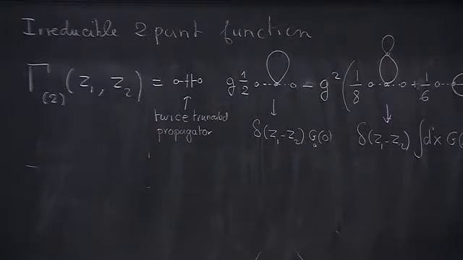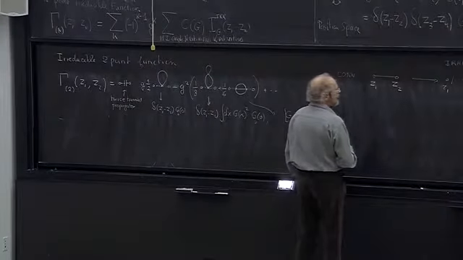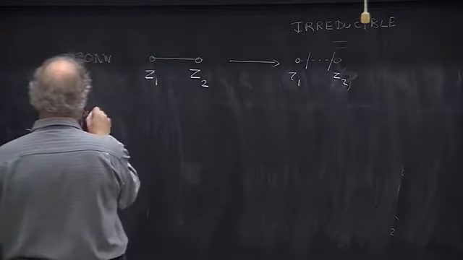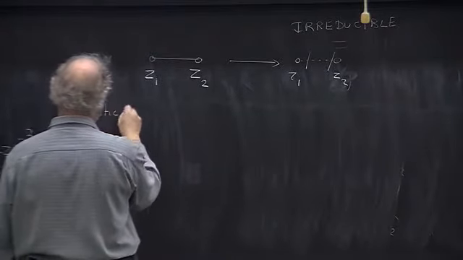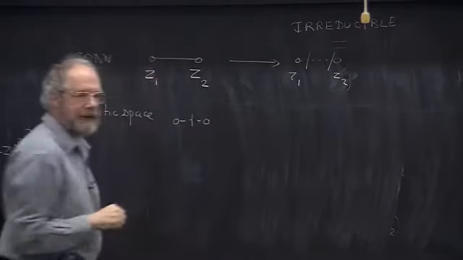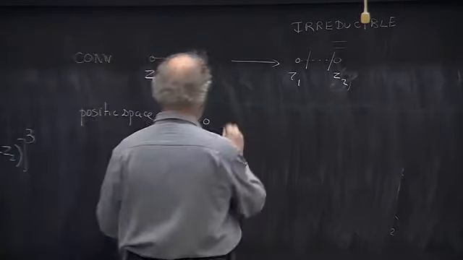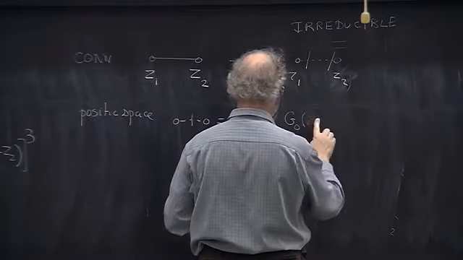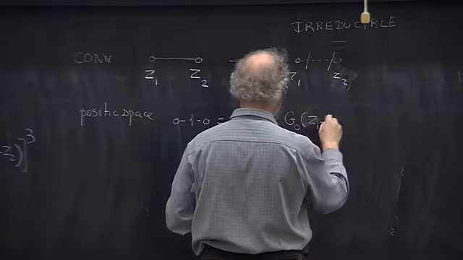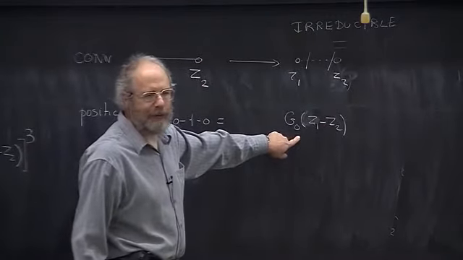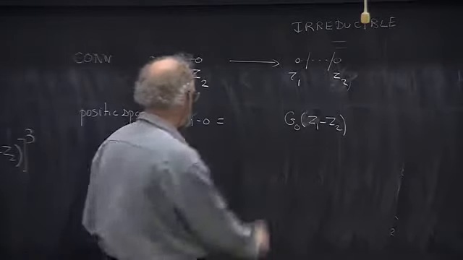In order for this to be consistent, remember, in position space, truncating a propagator means that you take the ordinary propagator and you replace it by 1. How do you replace a propagator by 1?